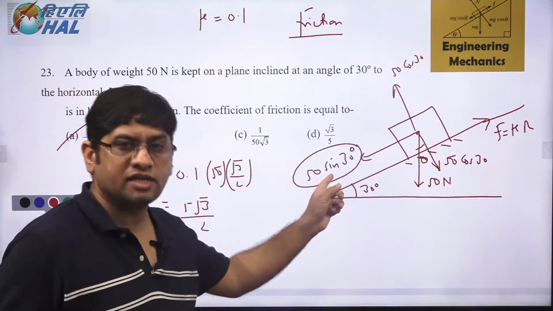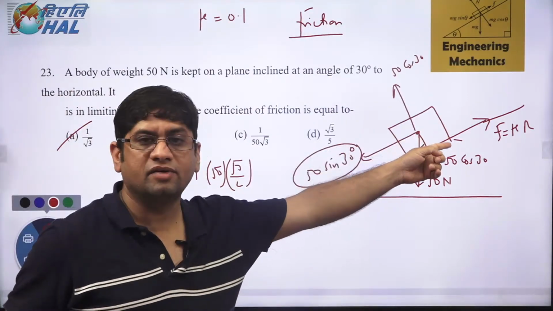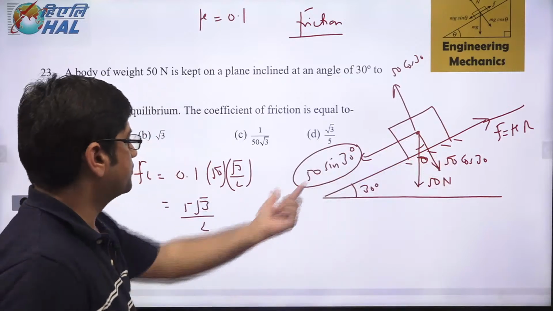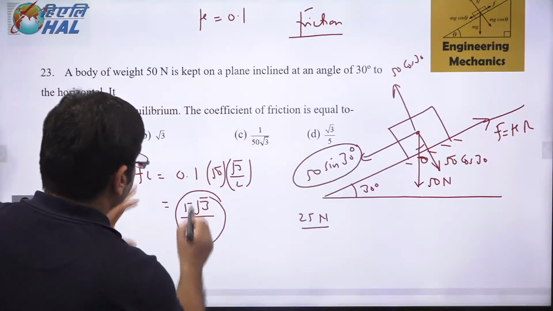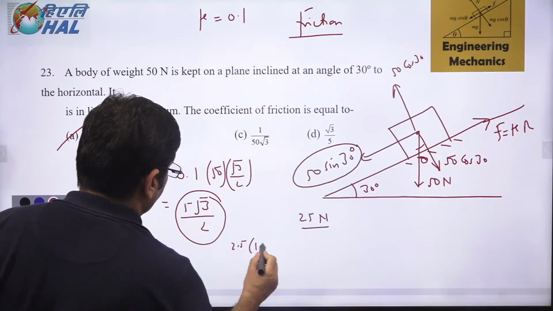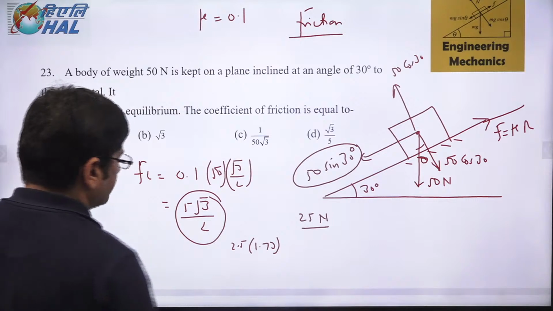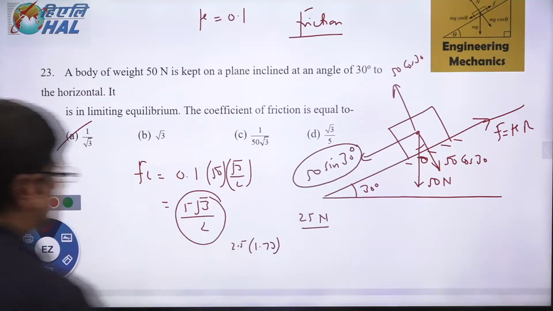The force which is acting on the body, which is basically making it slide down, is it more than limiting friction or less than limiting friction. Now this force is 25 Newton, which is certainly more than this value, because this is approximately 2.5 into 1.732, which comes out to be 4 point something, I think 4.2 Newton or something like that.